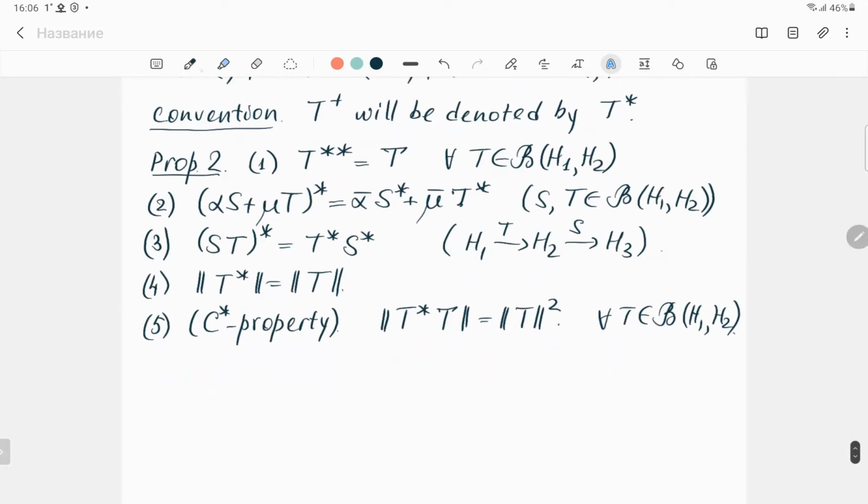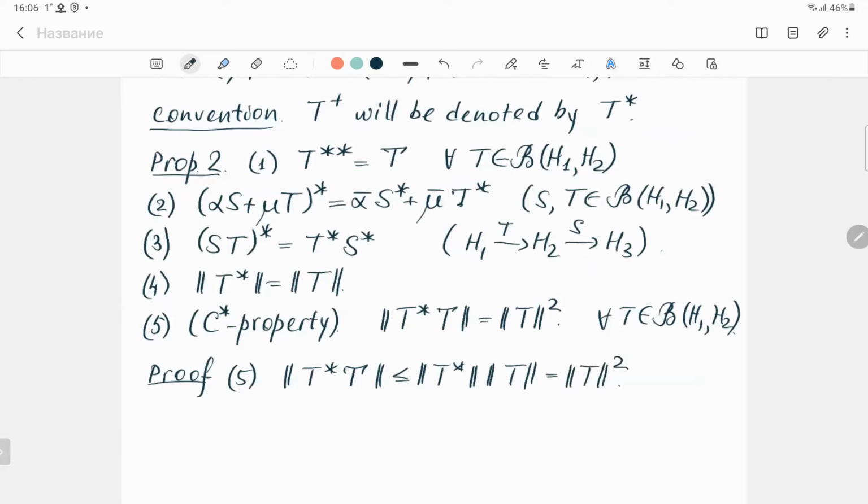It's very important, and on the other hand, the proof is quite easy. Well, indeed, on the one hand, if we look at the norm of the product T star T, well, this is less than or equal to the product of the norms. But we already know that the norm of T star equals the norm of T. So we have the norm of T squared.